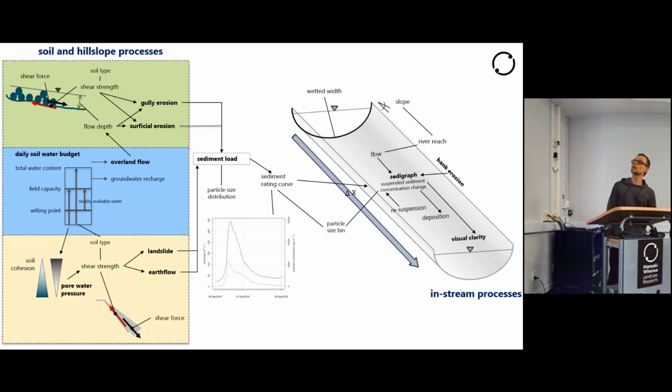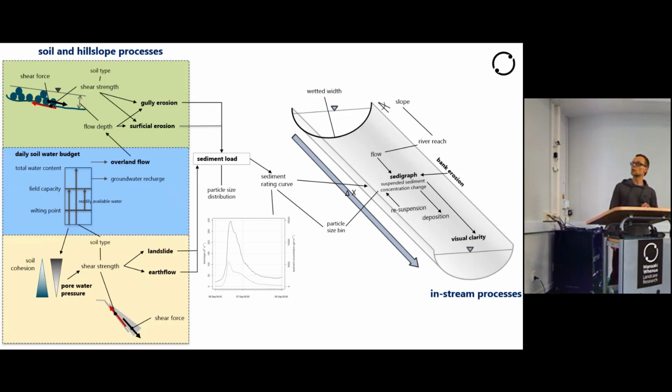Similar for gully erosion. And the other two processes, landslide and earth flow, are basically driven by the competition of pore water pressure and the cohesion of the soil, the ability to stick together, and that's obviously dependent on the water content.